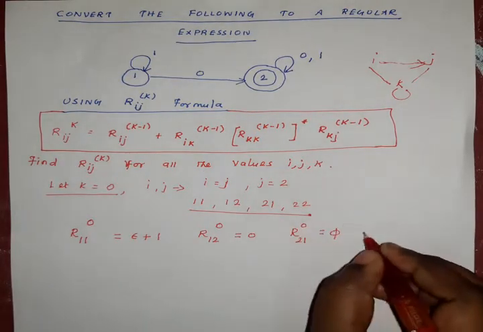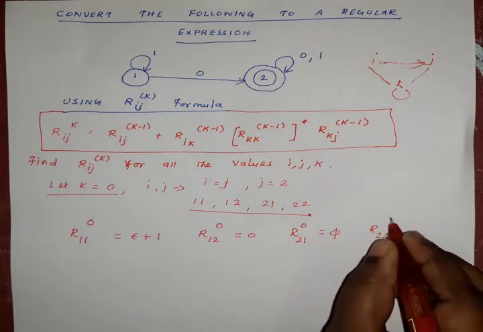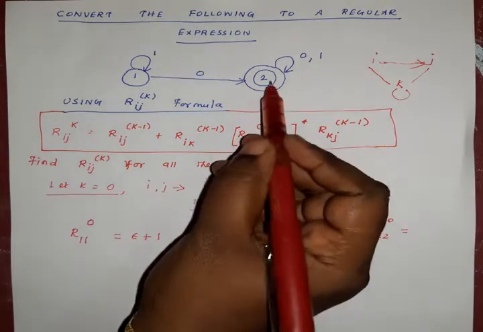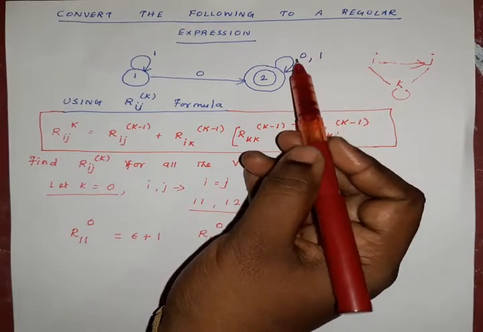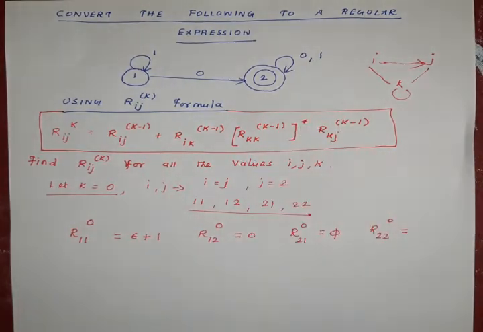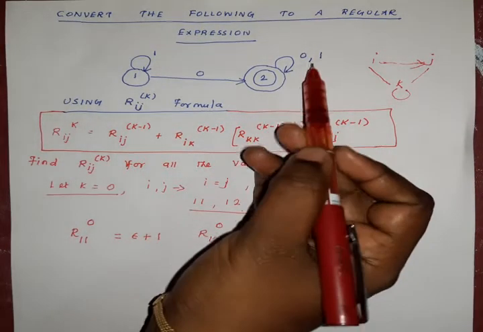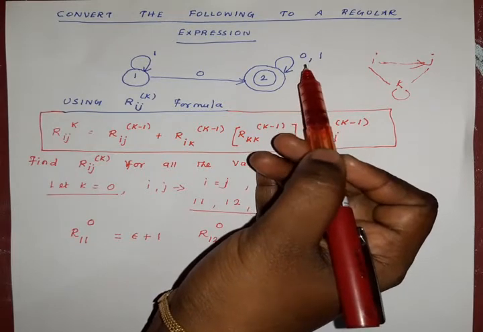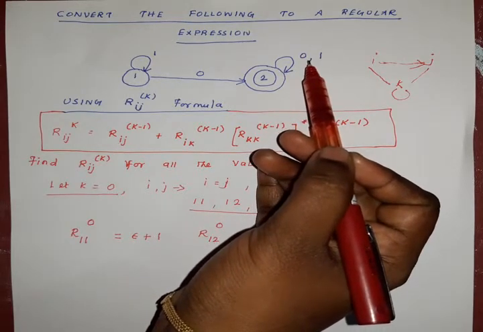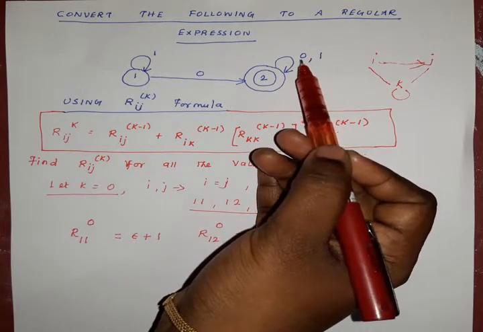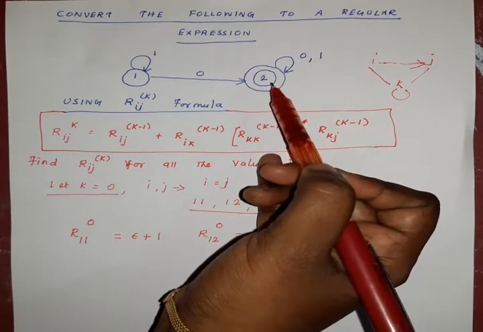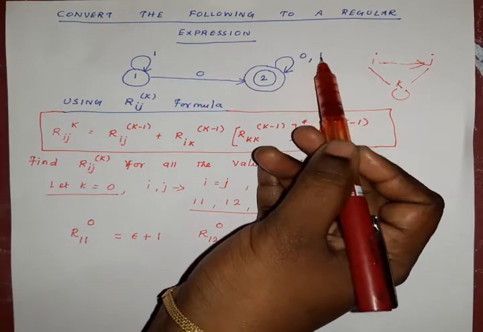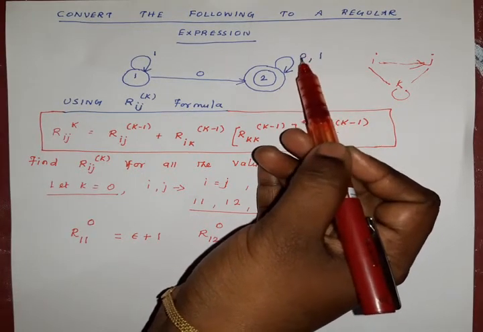The last combination is R22 power 0 is equal to. So the state 2 to the self state 2, the value is 0, 1. As I already said, whenever there is a comma symbol present in the input symbol, it means the state has either 0 or 1, comma indicates plus, either 0 or 1.